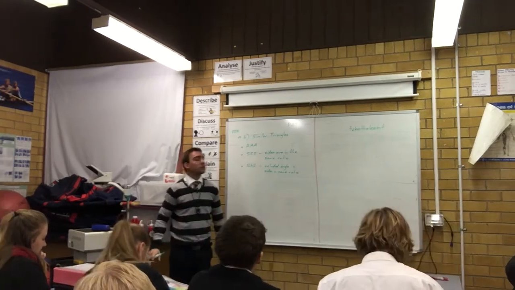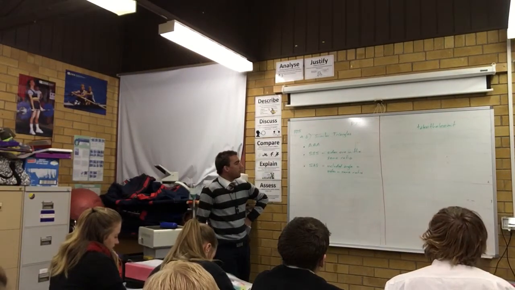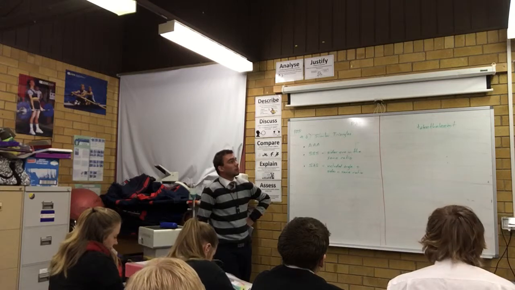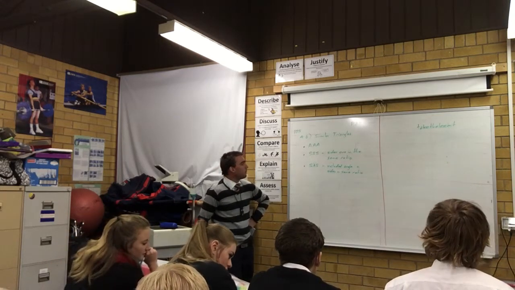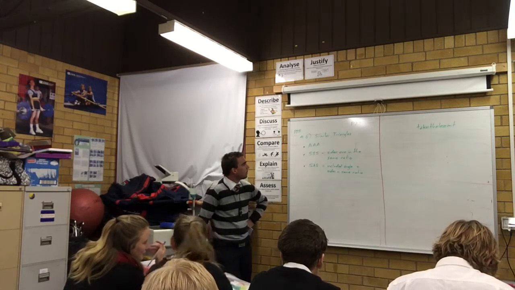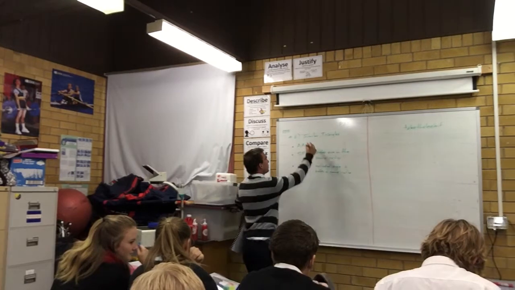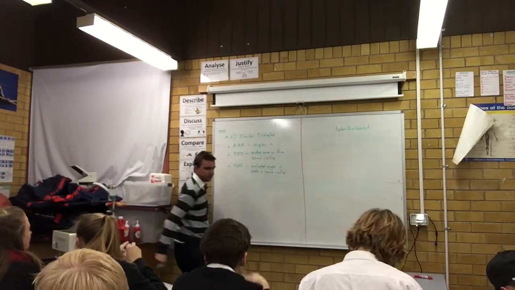So two similar triangles can be congruent. Two similar triangles are congruent if the ratio is 1 to 1. Okay, that's the other point. So angles are equal.